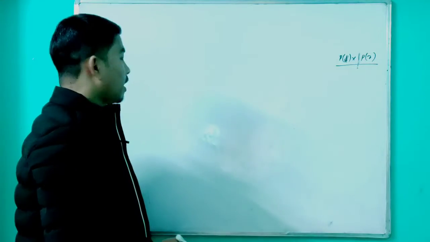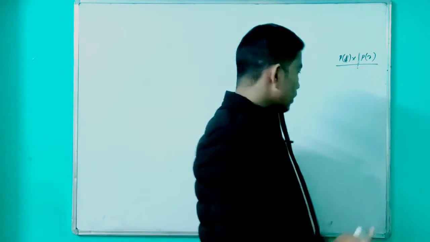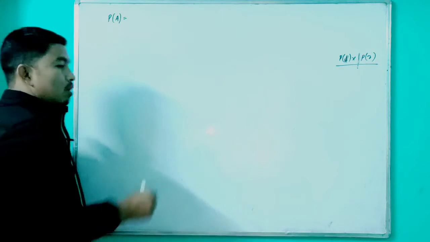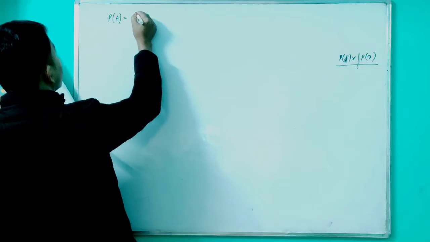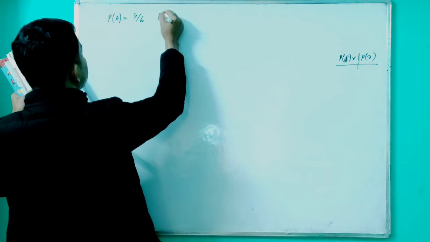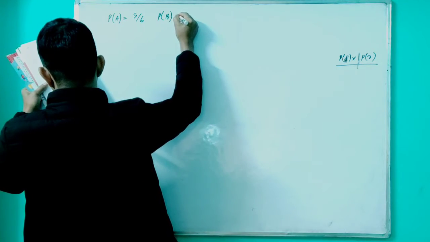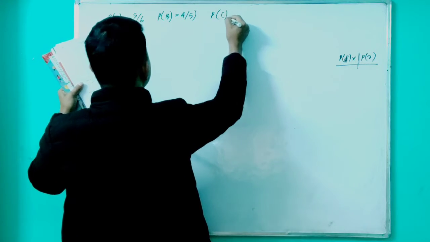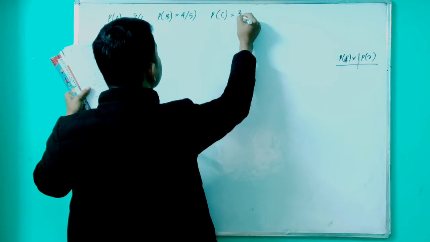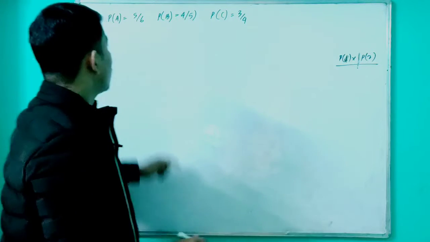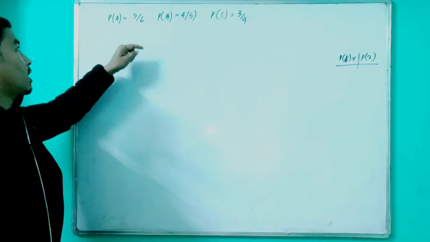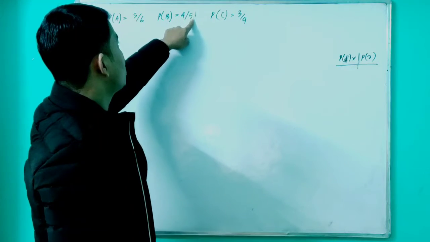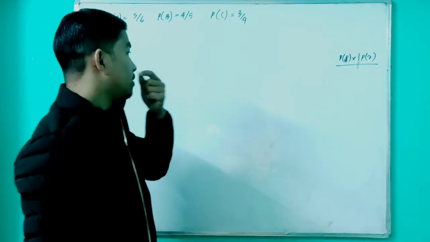The question has already said that the probability of A is 5/6, the probability of B is 4/5, and the probability that C will hit the target is 3/4.